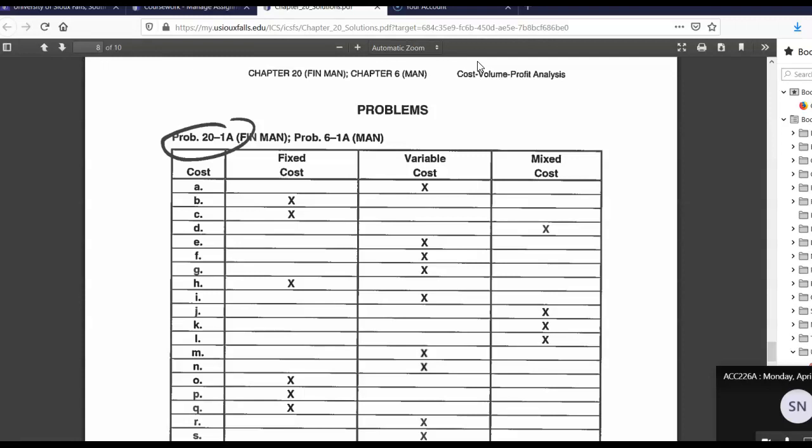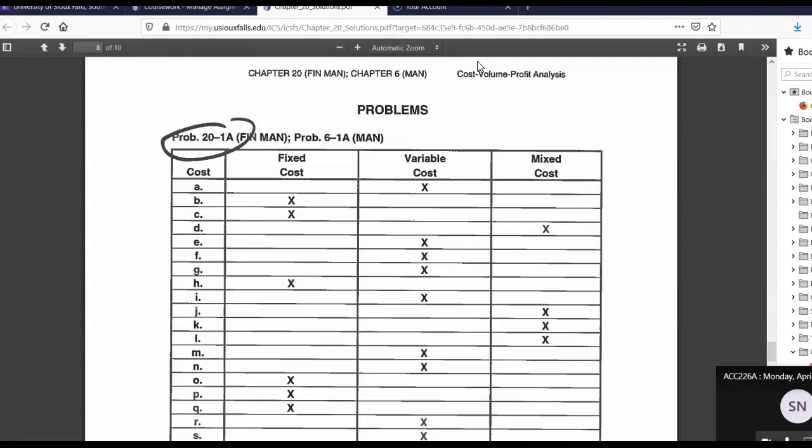One's pretty straightforward. You're identifying: is it a fixed cost, is it a variable cost, or is it mixed? Did anybody have any questions on 1A? I'm happy to clarify any of those where you wonder why they put it where they put it. Salaries are always fixed.